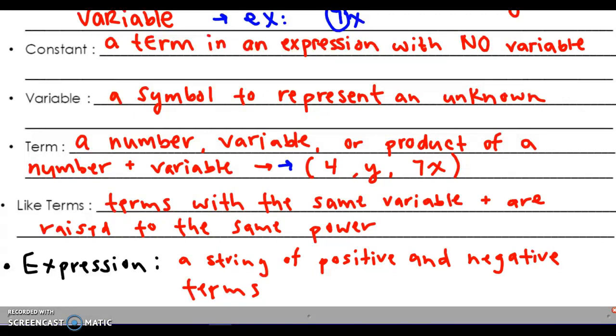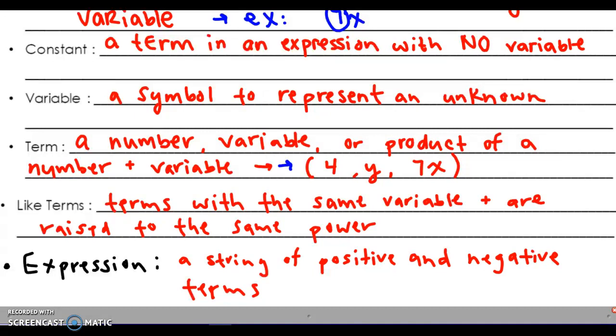But an expression in algebra is a string of positive and negative terms. So in the past, maybe you've looked at expressions and seen plus signs and minus signs and addition and subtraction, but really as we move into this unit and this higher level of thinking, we know positive and negative numbers.